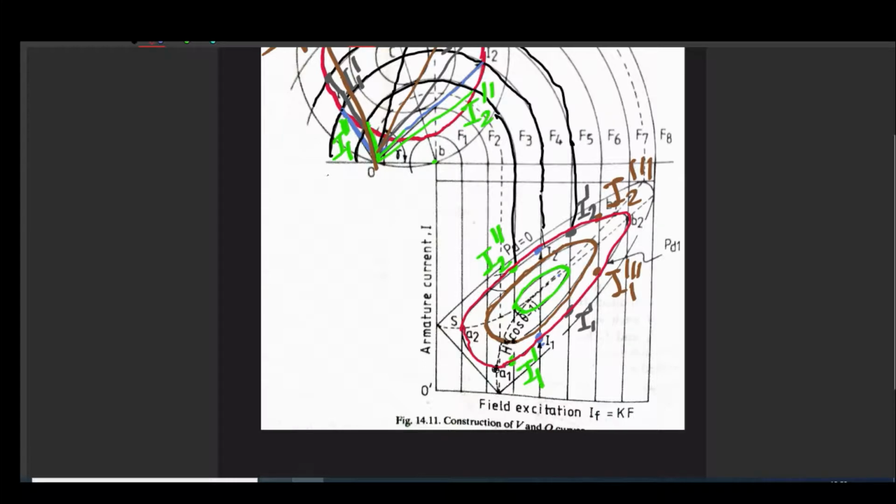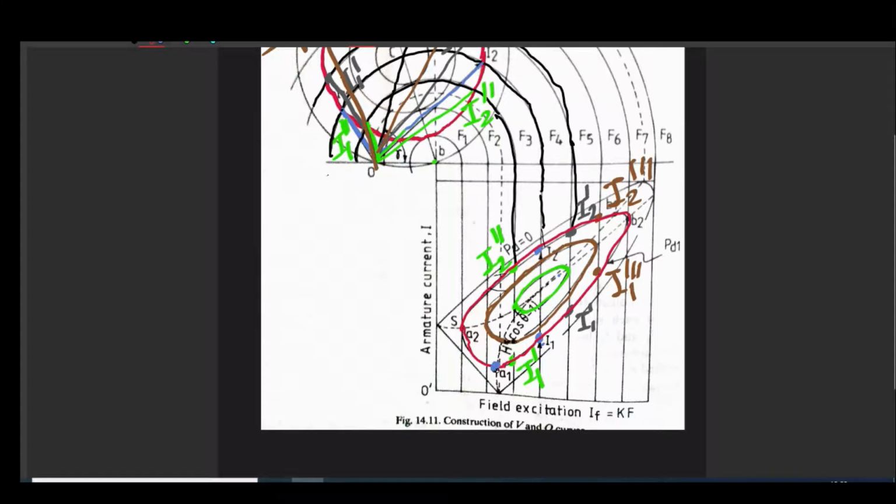Now interestingly, that unity power factor curve, just suppose if we take this red one, this curve is going to divide this into two zones. Anyway, first come to the O curve.